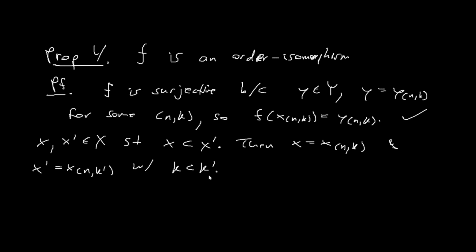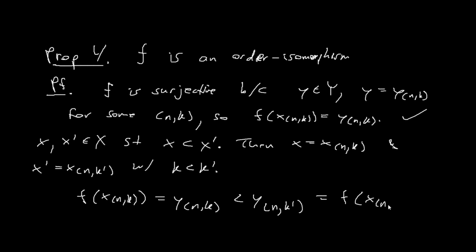Great. So now what we have is f of x_{n,k} equals y_{n,k}. But since k is less than k prime, y_{n,k} has to be less than y_{n,k prime}, and that has to equal f of x_{n,k prime}.